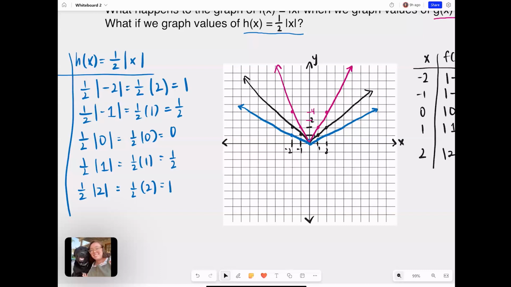So the black graph is our original. That's what it's supposed to look like. Multiplying all of my outputs by 2, absolute value first, that's my output, times 2 accelerates it, causes it to stretch upwards. And then multiplying it by 1/2 slows it down. So what does the rule for this look like? Well, we're going to look at that in just a moment.